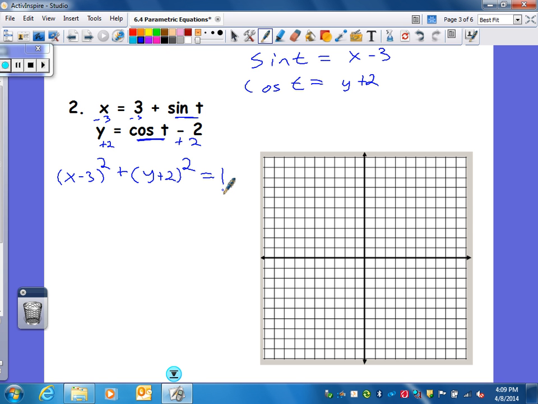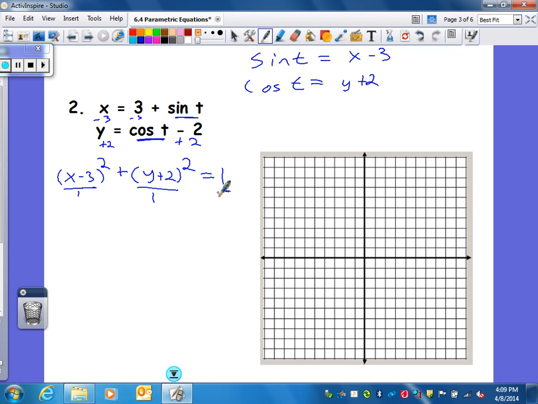The reason I know that is that this is all over 1, which doesn't elongate it or make it smaller. You're going to have the same radius, which is 1, over the entire figure.